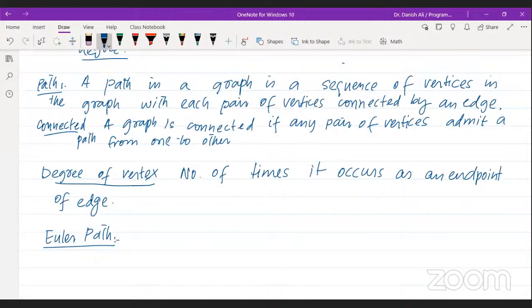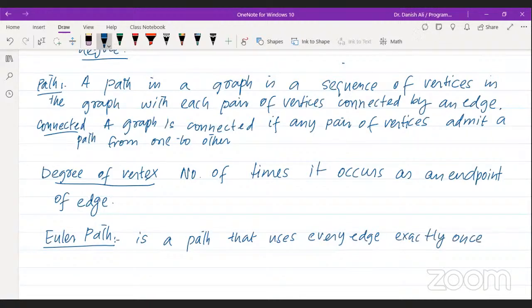Okay, so Euler path is a path that uses every edge exactly once. Okay, so this is the thing.